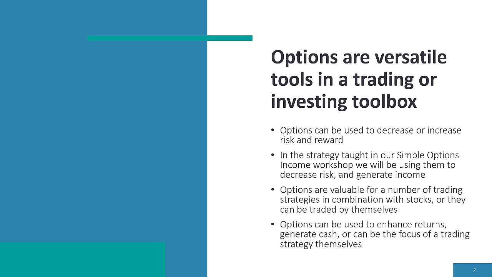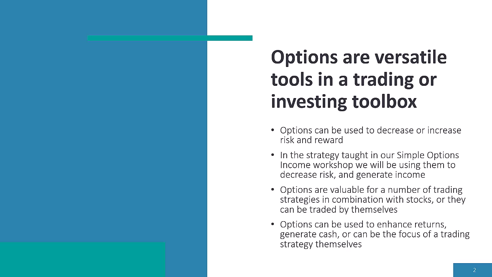Options are valuable for a number of trading strategies. They can be used by themselves. They can be used in combination with stock. But we're going to be focused on one strategy for this workshop. So we won't be talking about the myriad ways that you can use options. We're going to be focused on one specific strategy in which we can use options.